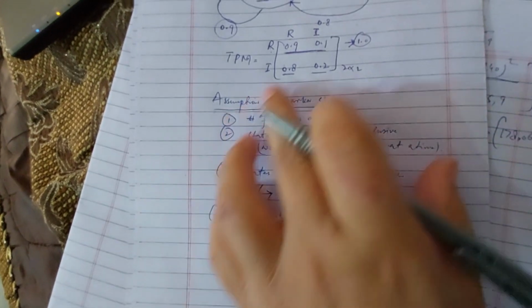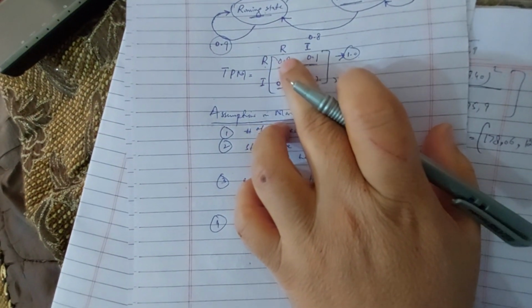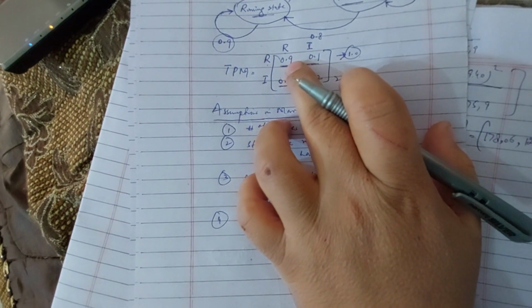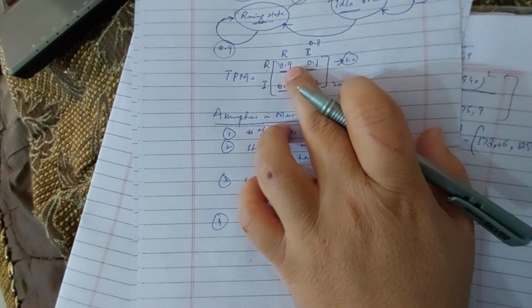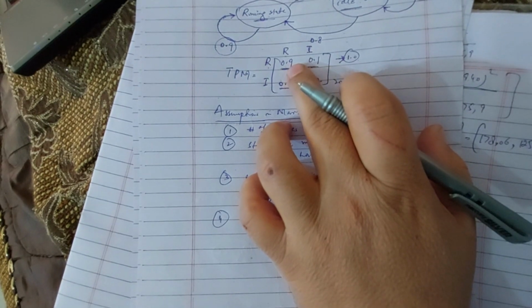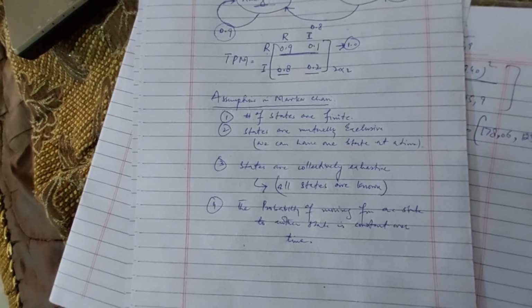It means that the probability that we have, like here from running to running, is 0.9. It will not change over time. It will remain 0.9. It will not depreciate and it will not increase, it will remain the same.